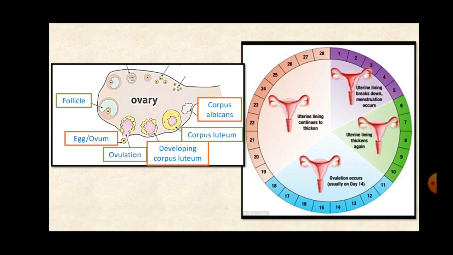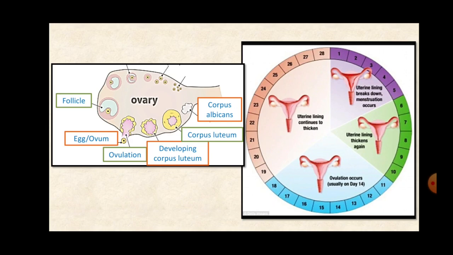The last phase lasts for 10 days, when the uterine lining continues to thicken irrespective of whether the ovum has been fertilized or not. And if the ova is not fertilized, the cycle is repeated again.